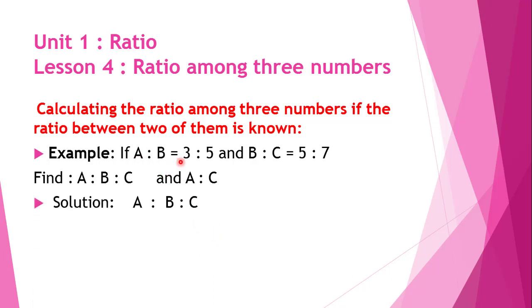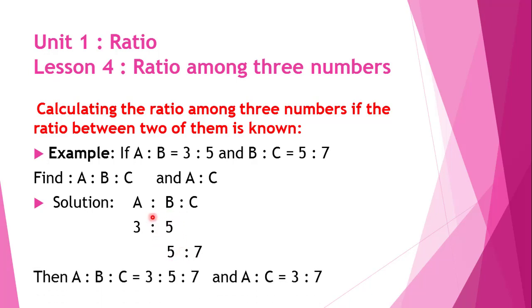I write our information here as a table. B is repeated in the two ratios, so I'll put B in the middle. Then write the ratios. A to B, 3 to 5, so I'll write 3 under A and 5 under B. And in another line, I write B to C, 5 to 7, so I write 5 under B and 7 under C. In this case, we have in the middle the same number, 5.